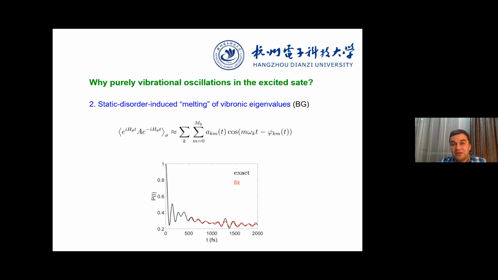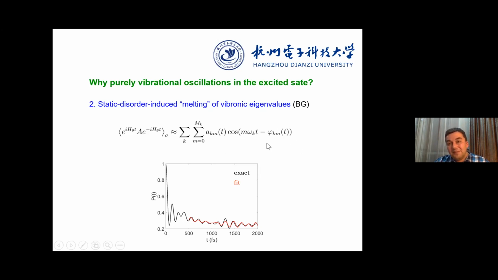You can show more or less quasi-analytically that if you do this static disorder averaging, then by using stationary phase approximation for evaluating integrals, at a time which exceeds a certain characteristic time, 1 over the characteristic value of static disorder, dynamics will be roughly purely vibrational.